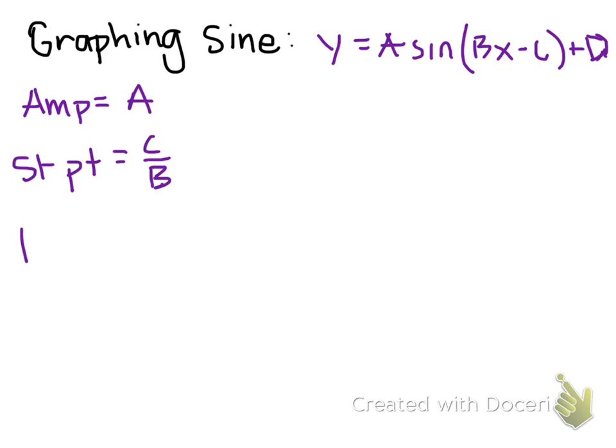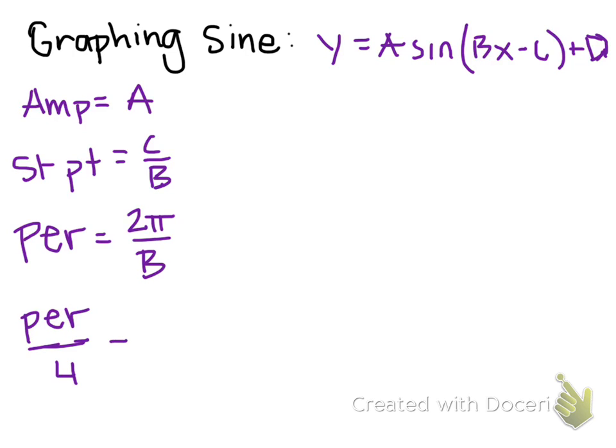The period is the distance for one wave to be completed, and the way we find that is 2 pi over b. And then the next thing we calculate is the period over 4, and this is going to be the distance between the x values.